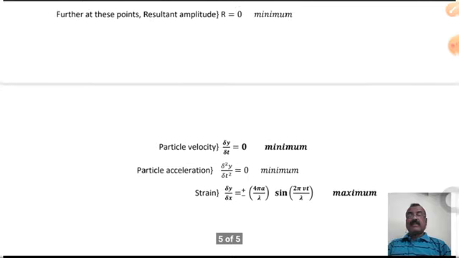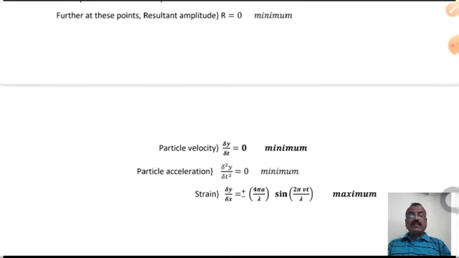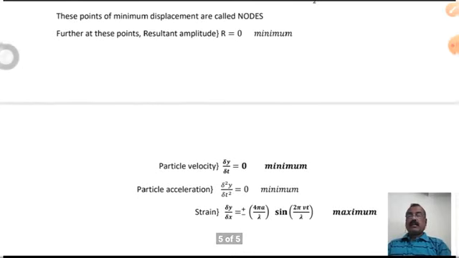This explains that at nodes, the resultant amplitude, particle velocity, particle acceleration are all minimum, but strain is maximum.